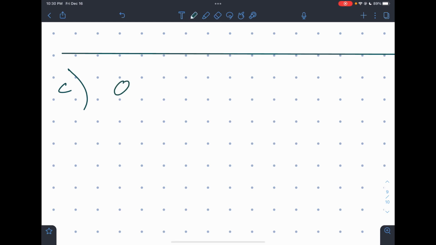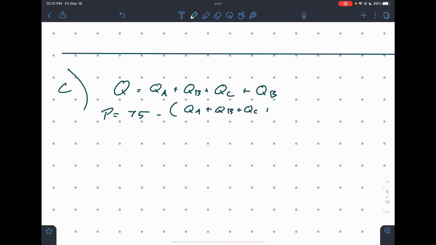First, I'm going to show you that Q is going to be QA plus QB plus QC plus QD. And the inverse demand function is 75 minus QA plus QB plus QC plus QD, all divided by 20.